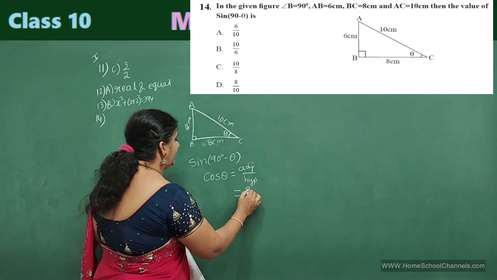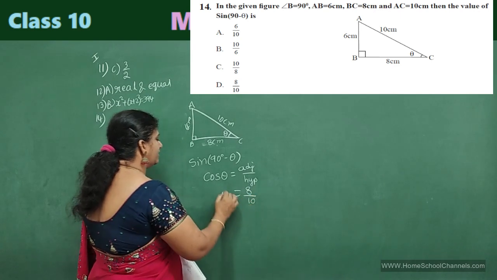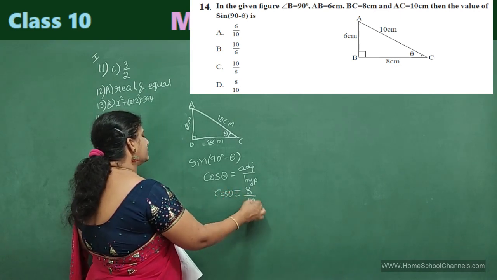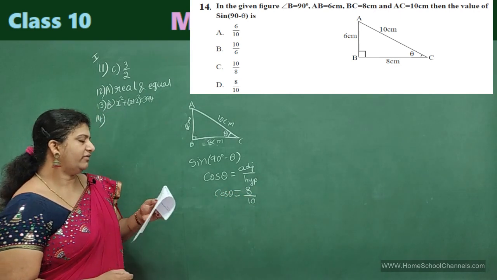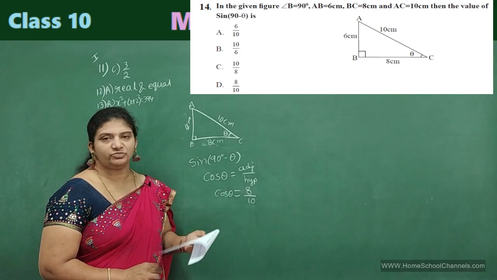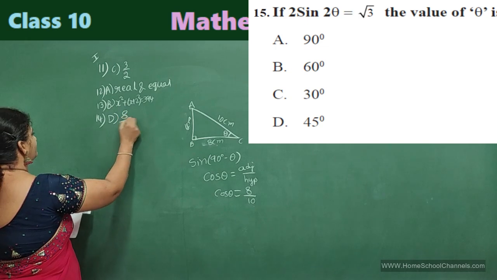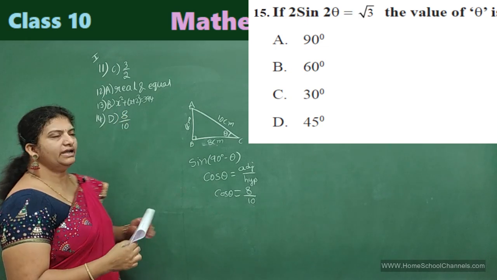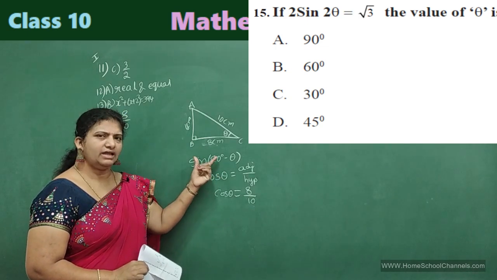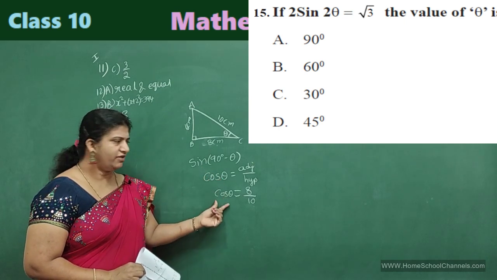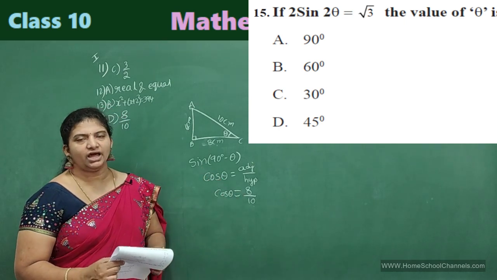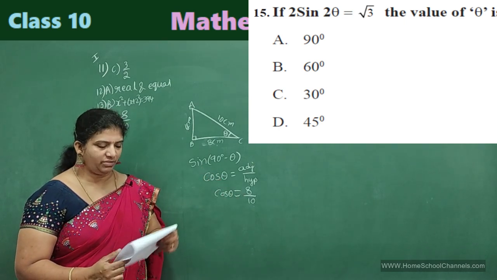Adjacent value is 8, hypotenuse value is 10. Therefore, cos theta is equal to 8 by 10. Which is your right answer? Option D, 8 by 10. Sin 90 minus theta is nothing but cos theta. Therefore, cos theta is equal to 8 by 10 and your option is option D.